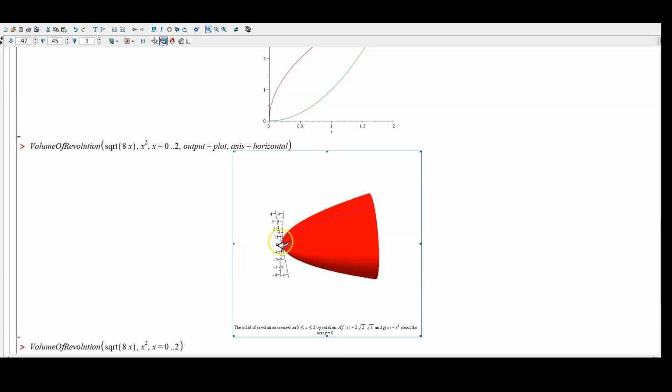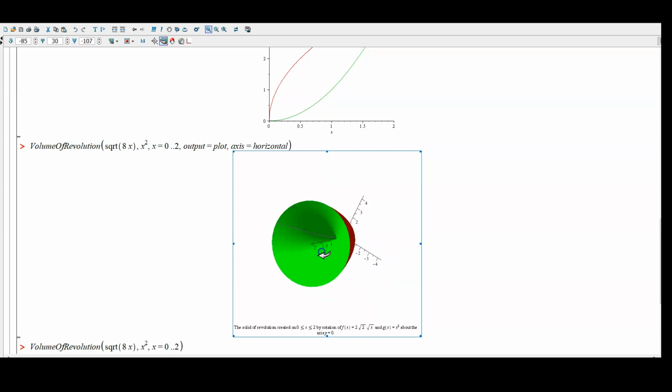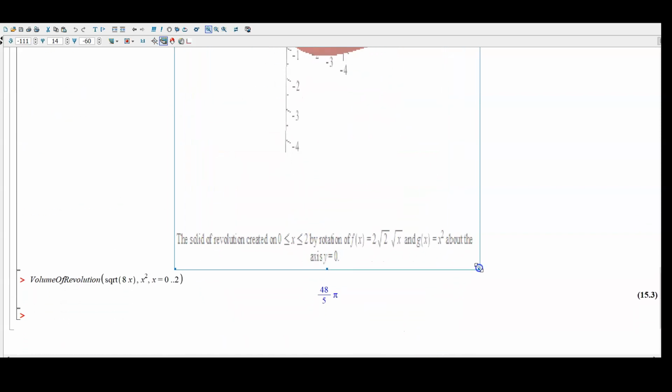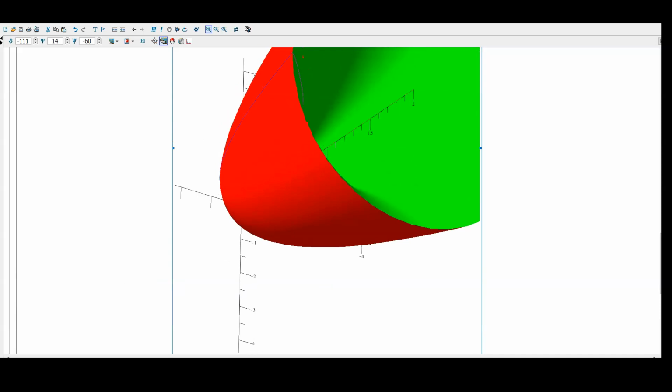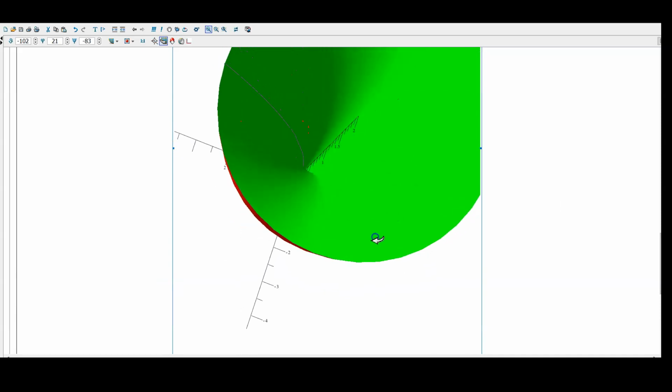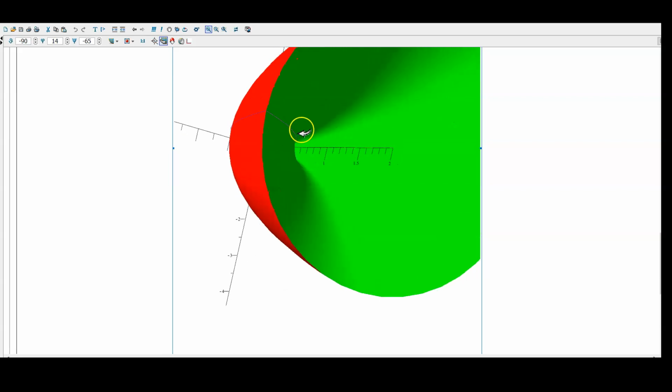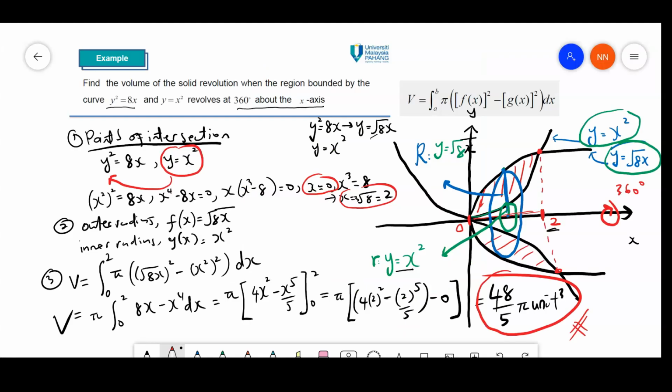So the blue color here represents your outer function actually. Okay, your outer function given by square root 8x. And then inside here, if you can see, okay, let me make this bigger. So you can see inside here, you have the parabola here. So the parabola here represents your inner function, which is x squared, as what we did before.